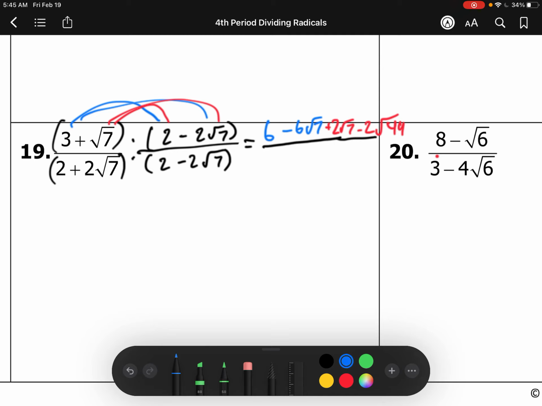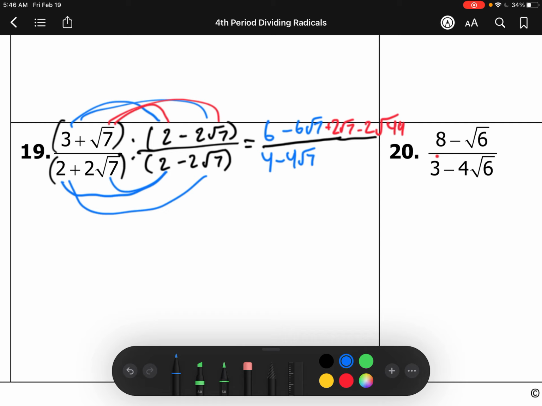All right, let's distribute our denominator. So 2 times 2 is 4. And then we have 2 times negative 2 times the square root of 7, so 2 times negative 2 is negative 4 times the square root of 7.